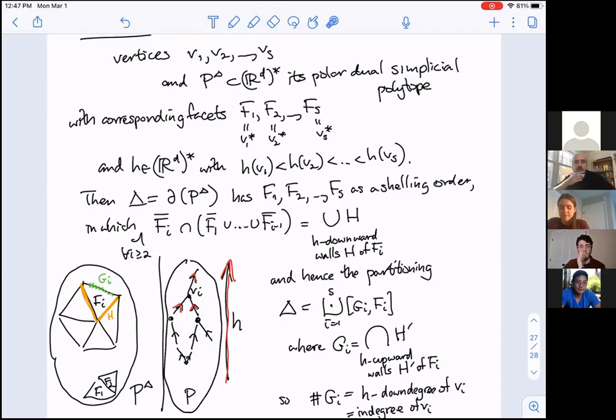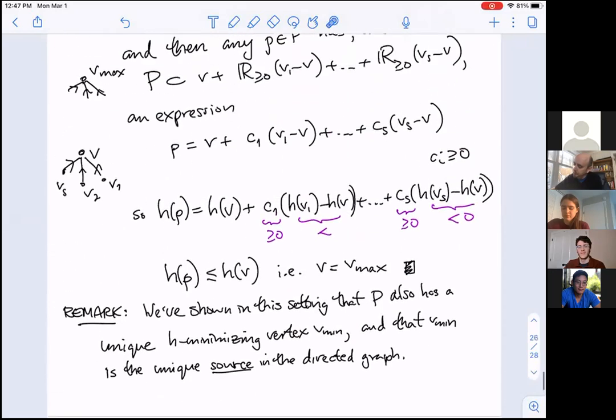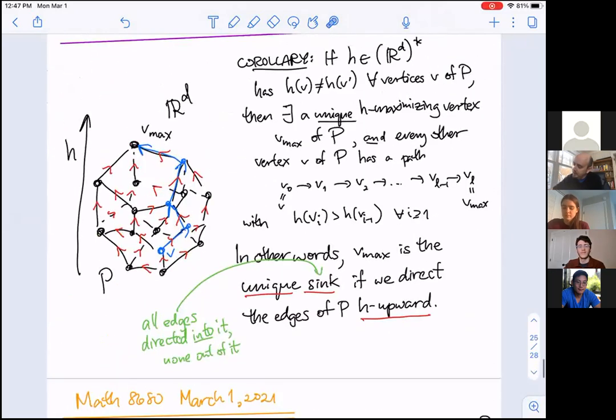And Lily's asking, is it obvious that such an H exists for every P? And it is if we believe in some of these things about normal cones. All you have to do is pick something that's in the interior of a normal cone, in other words, in an open normal cone. Oh, and that's not even true quite, Lily. What I just said is then it will maximize at a unique vertex, but then you need to pick it generically in there. So let's think about your question carefully. What I have to avoid is exactly the horizontalness of edges.